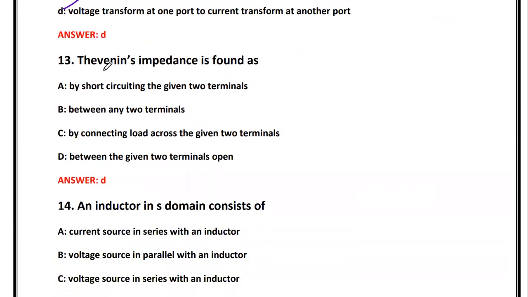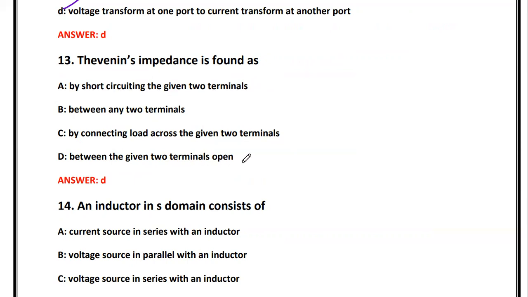The next question: the Thevenin's impedance is found as dash. In Thevenin's theorem, we calculate the total impedance of the circuit. The first option is by short circuiting the given two terminals. While calculating the Thevenin's impedance, we do not short circuit the terminals. Connecting a load across the given two terminals is also wrong.